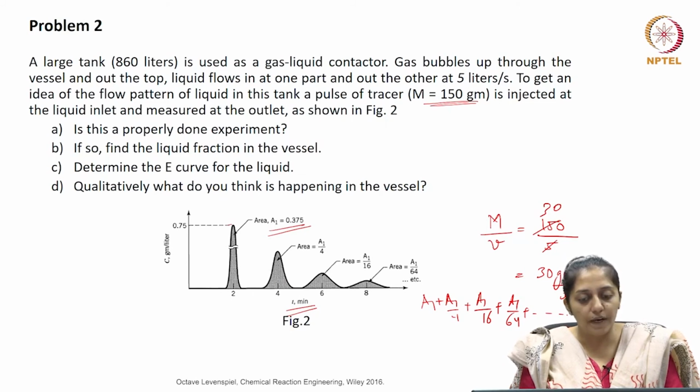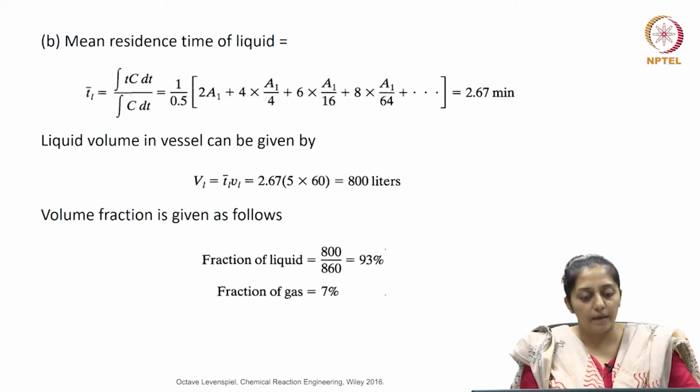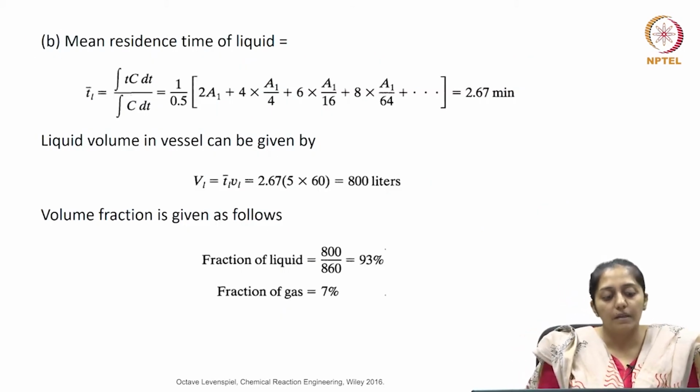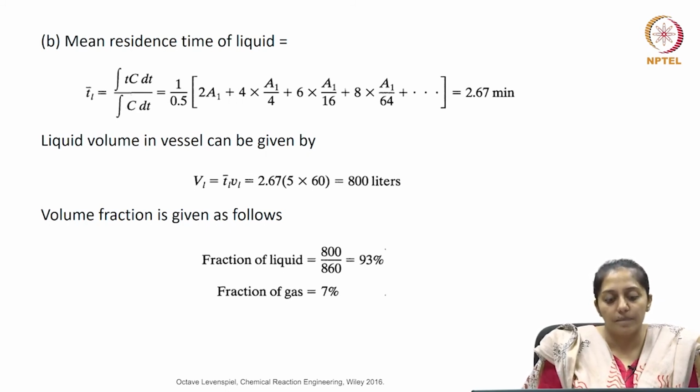Now, we also need to find out the liquid fraction in the vessel. For that, we need to first find how much is the volume of the liquid in the vessel. In order to find that, we know the volumetric flow rate.